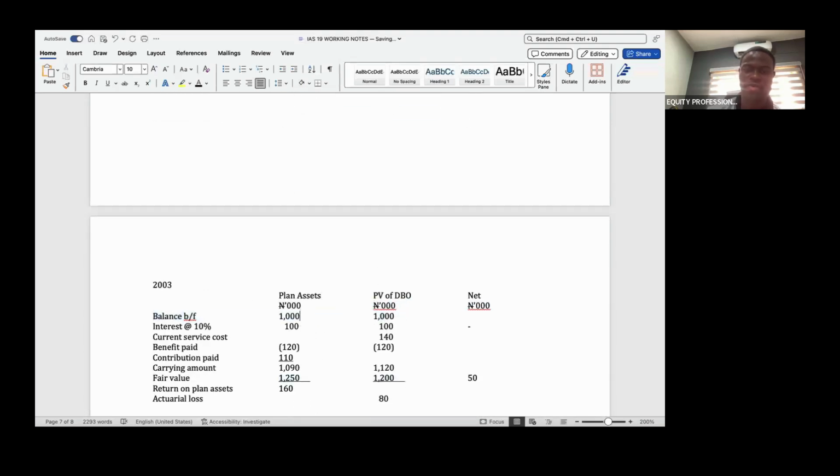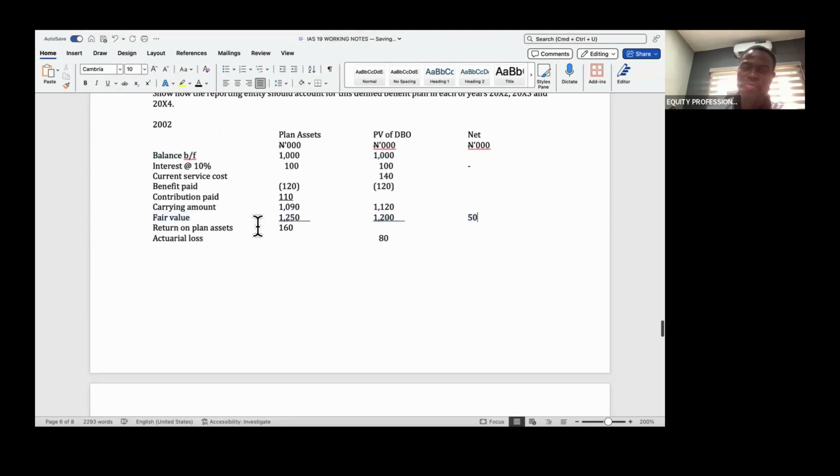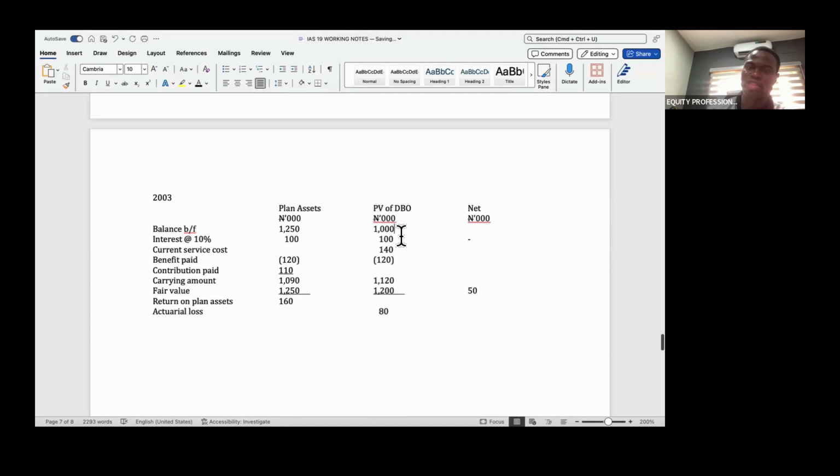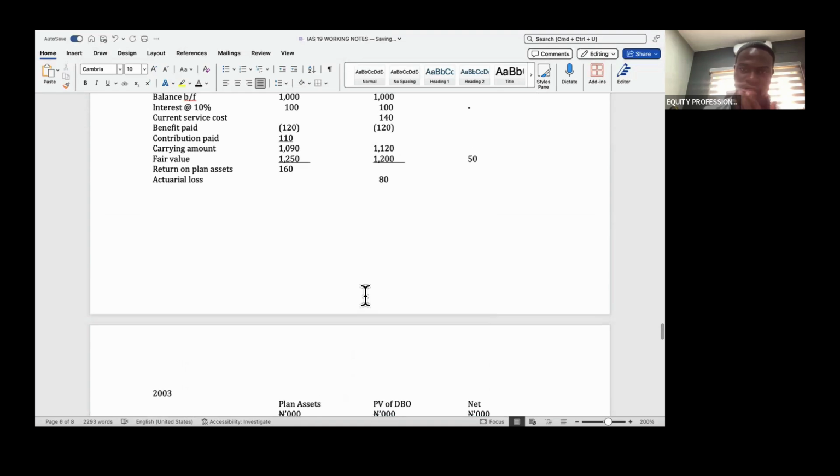Is there anybody that doesn't agree with that? It's the fair value, because it's the fair value that goes to our books. The balance at the end of 2002 becomes the opening balance of 2003. Okay, so that's sorted first.